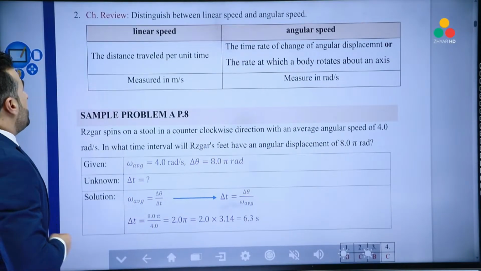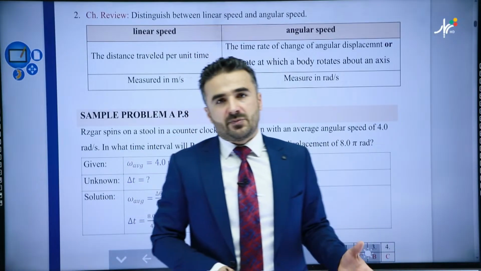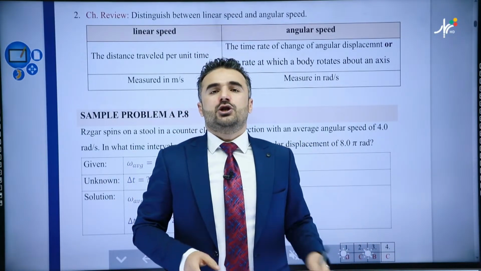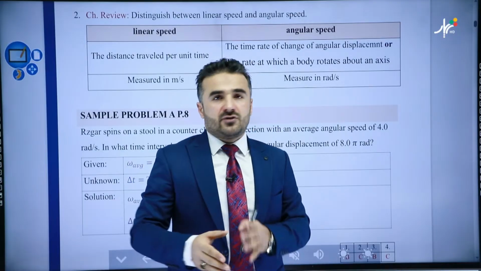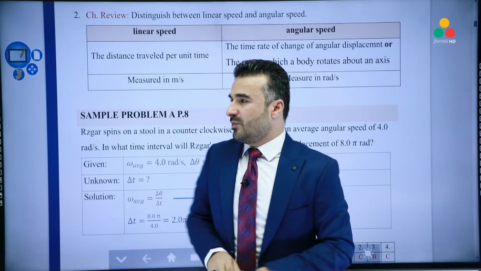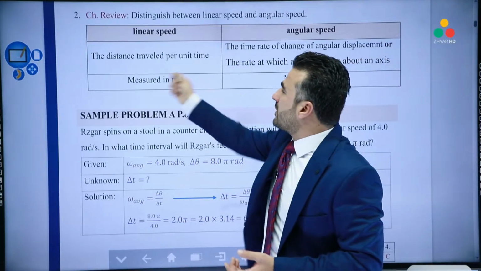Okay, now, second question in chapter review says distinguish between linear speed and angular speed. What is linear speed, if you remember? Linear speed is the rate of change of distance or displacement divided by the time, or the distance traveled per unit time.